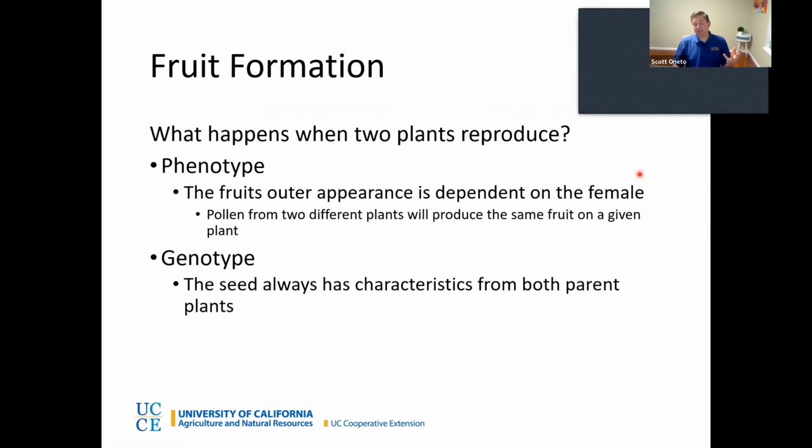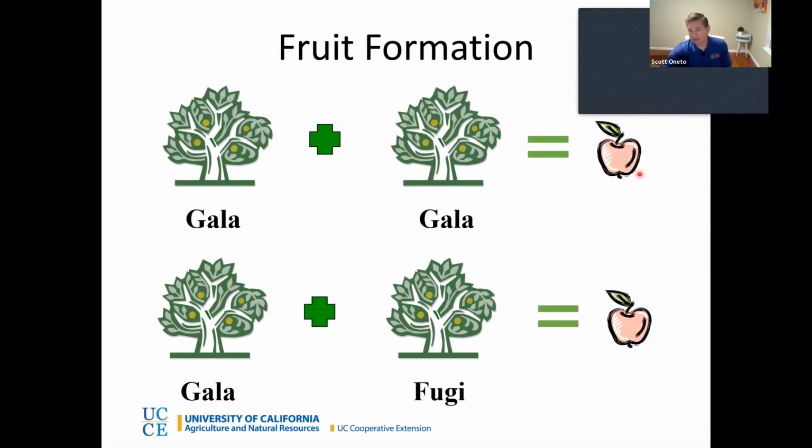So its shape, its texture, its flavors, all of those things are dependent on the parent plant. However, it's the seeds inside that fruit where you would see characteristics from both the source of the pollen and also the parent plant. So if we were to grow the seeds from these two different fruits, we'd get trees that would have fruits that look very, very different. So that is where we would see the difference in the genetic variation.